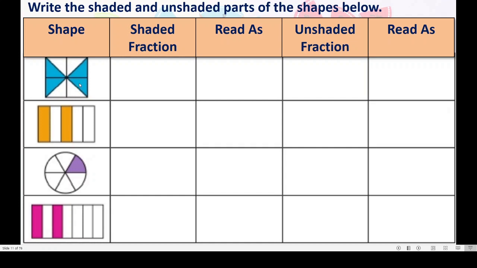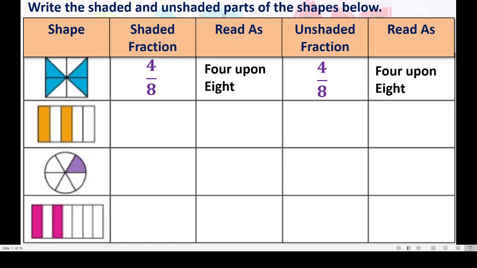Total parts are 8. Out of them 4 are shaded. Right? So the answer is 4 upon 8. Isn't it? How to read this? Yes, 4 upon 8. Now come on, we will write the unshaded fraction. 1, 2, 3 and 4. Same thing. 4 upon 8, and how to read? Read as 4 upon 8. Isn't it?